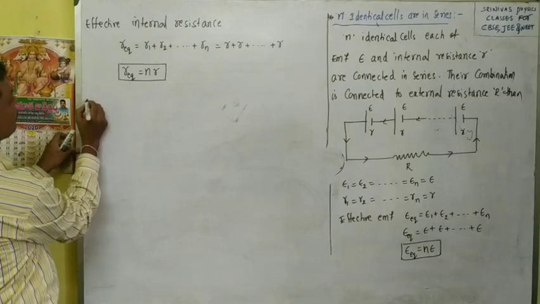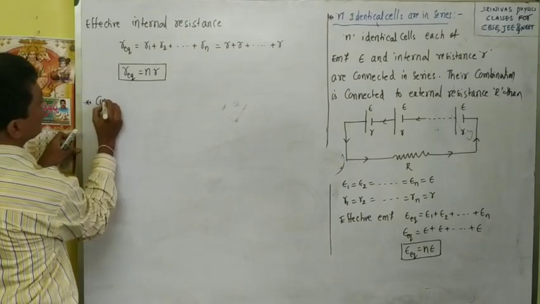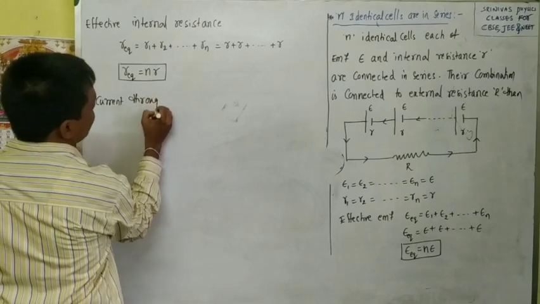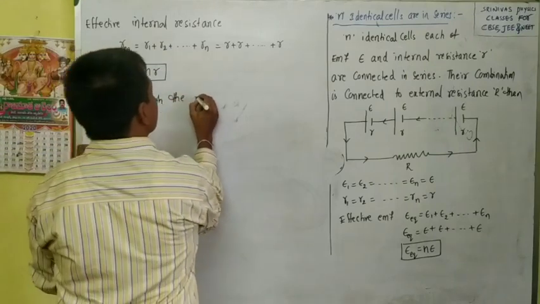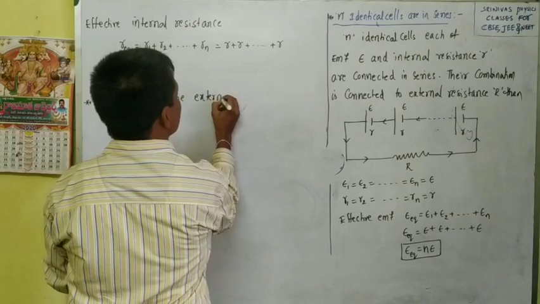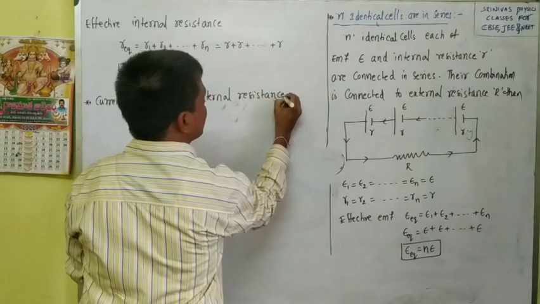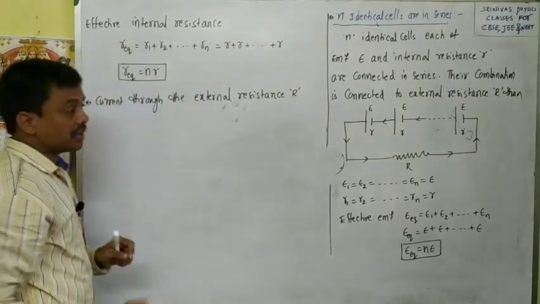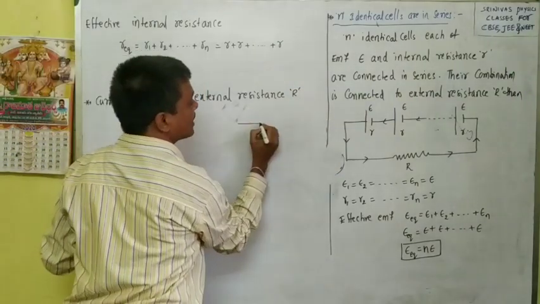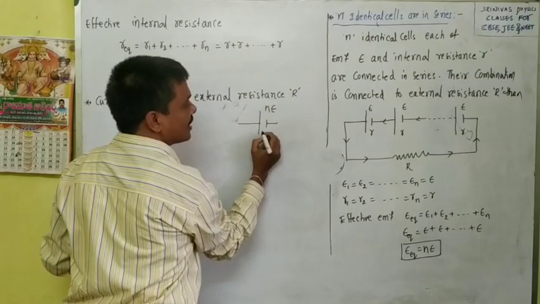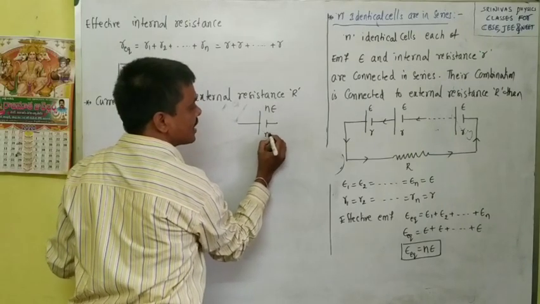And the next, what is the current through the external resistance capital R? Look at here, these n cells combinedly act as one cell. Its EMF is nE and its internal resistance is nr.